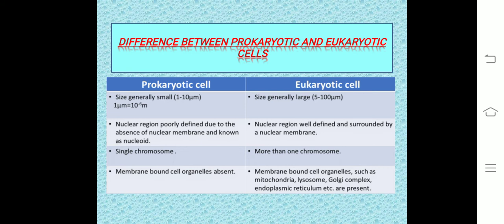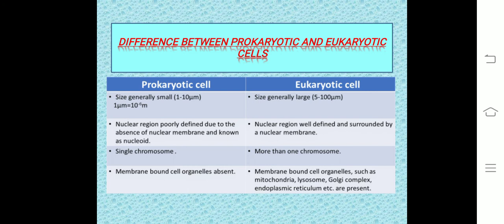The nuclear region in the case of a prokaryotic cell is poorly defined due to the absence of a nuclear membrane and is known as a nucleoid, whereas the nuclear region is well defined in eukaryotic cells and the nuclear membrane is around the nuclear region.